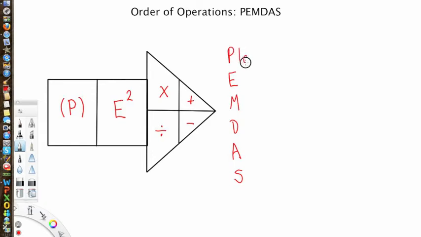We'll say, please excuse my dear Aunt Sally. Some of you are saying, oh, I remember this. That's good that you do remember this. So please, once again, stands for our parentheses.